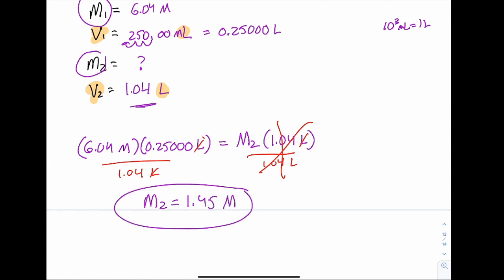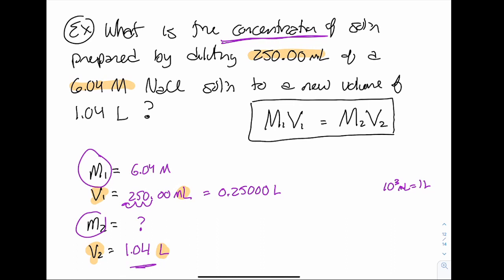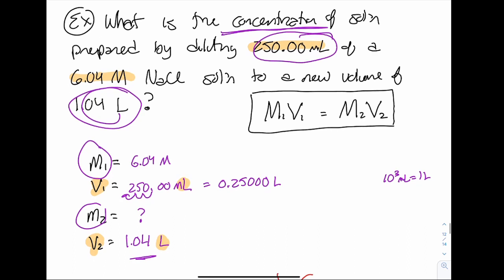Because I'm diluting it, my answer should come out smaller than 6.04. If your answer came out larger than 6.04, then go back and check your work because you goofed up somewhere, right? We know that we're diluting because my new volume is greater than my old volume, right? Remember, when we're diluting, we're adding solvent, so the volume of my solution is getting greater.